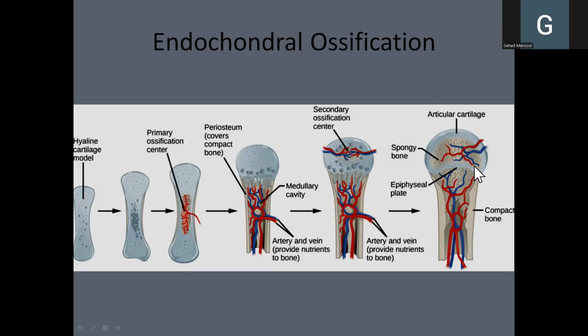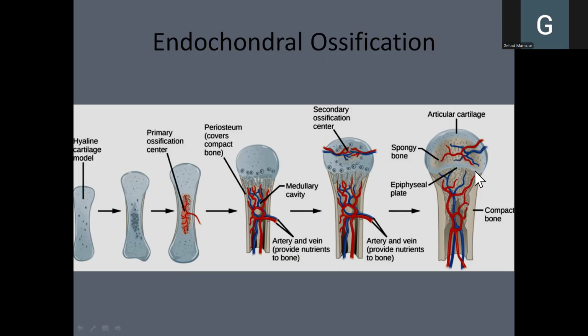But we also have another very important part of the bone, that transverse part of the bone, which is not ossified, and that is called the epiphyseal plate. The epiphyseal plate is like a linear section of the cartilage that stays as it is, and that is not ossified at the beginning, and that separates the epiphysis from the diaphysis.